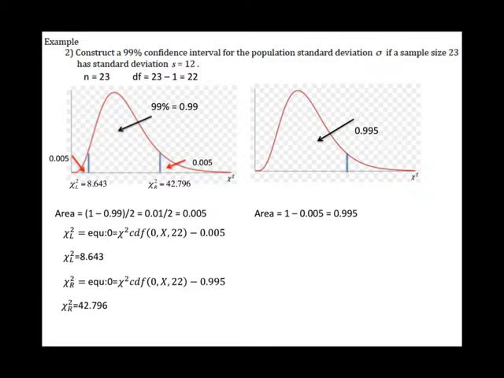Okay, so this is the first step. And the second, we're going to construct the confidence interval. Make sure you read the question carefully. They want to construct the confidence interval for the population standard deviation. Okay, that's a standard deviation.